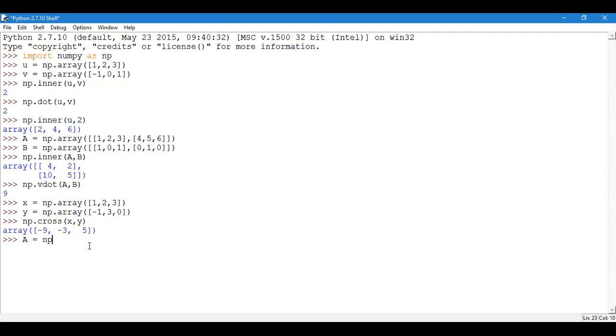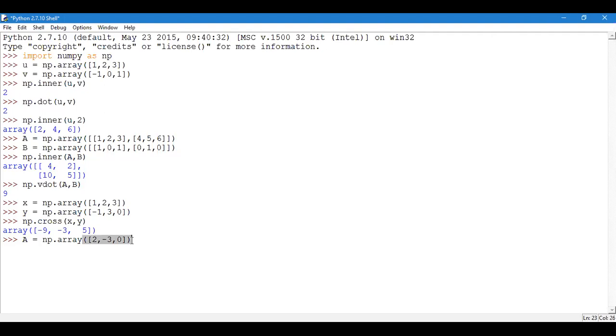So I'm writing it in the format of a NumPy array as 2 for i, minus 3 for j, and I don't have a k value, so I just write 0. So it is i value, j value, and k value. We are taking only the components of i, j, and k.